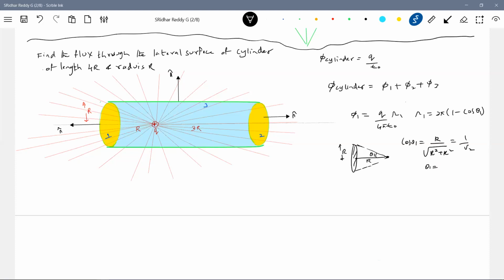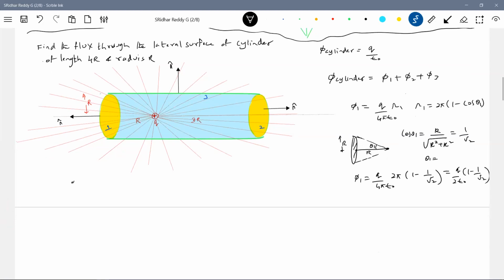Substituting that, 2 pi (1 minus 1 by root 2). The 2 pi gets cancelled. So Q by 2 pi epsilon naught (1 minus 1 by root 2). Okay, this is the flux. Similarly, we'll calculate the other one. So this distance will be 3r, this radius is r.